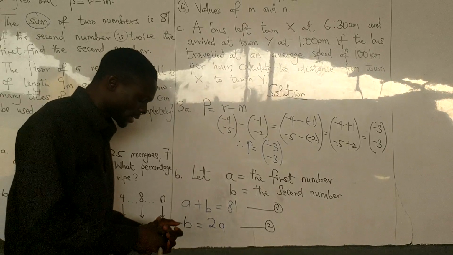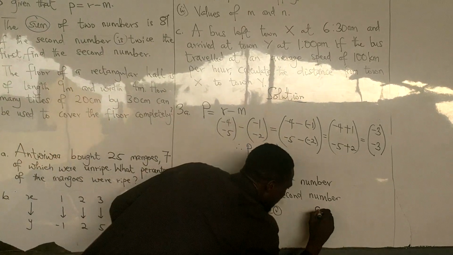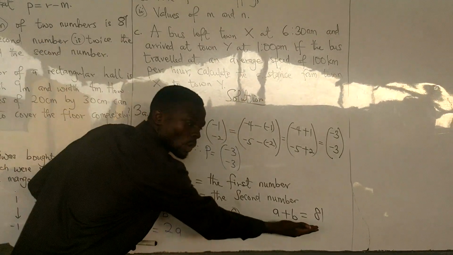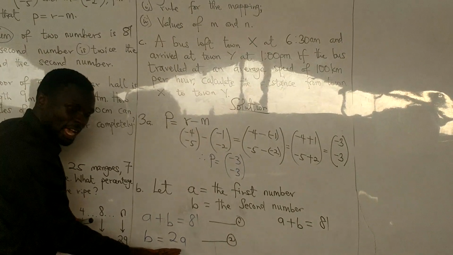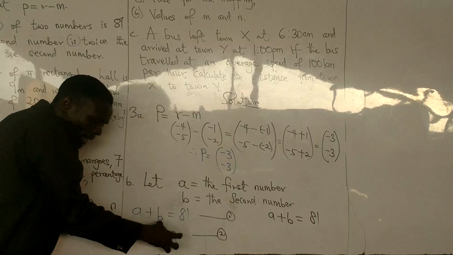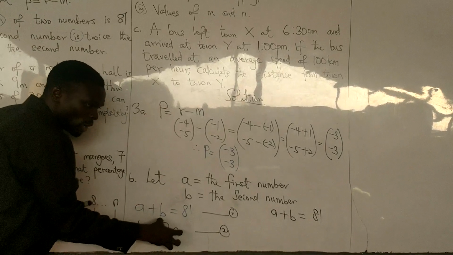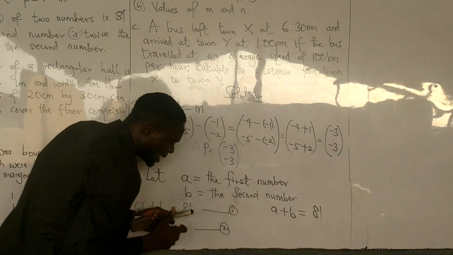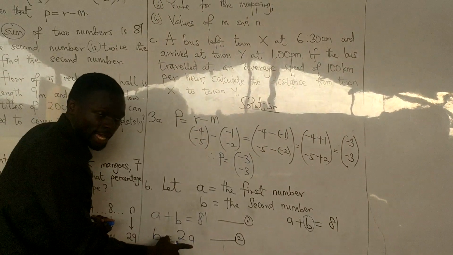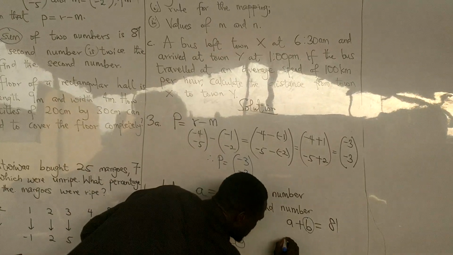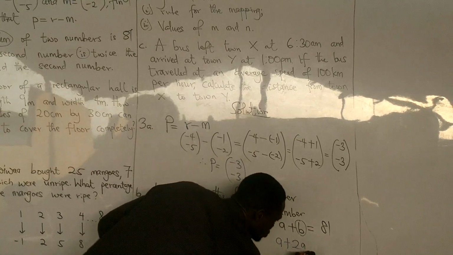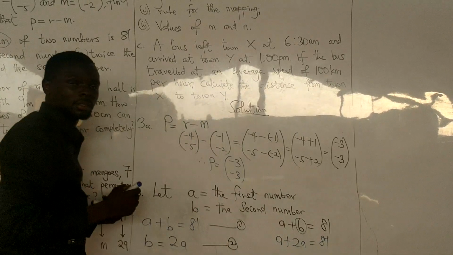We have equation 1 as a plus b is equal to 81, and equation 2 says b is the same as 2a. So we substitute 2a where b is, because b is 2a. So a plus 2a is equal to 81.